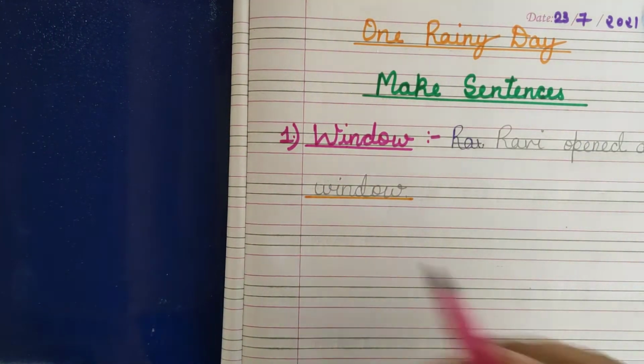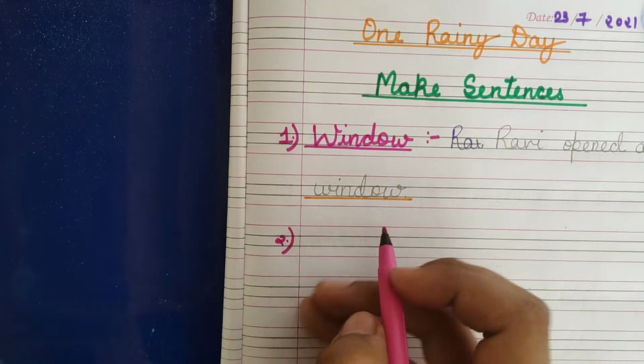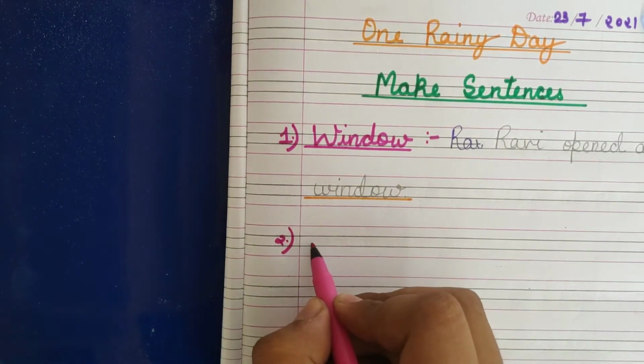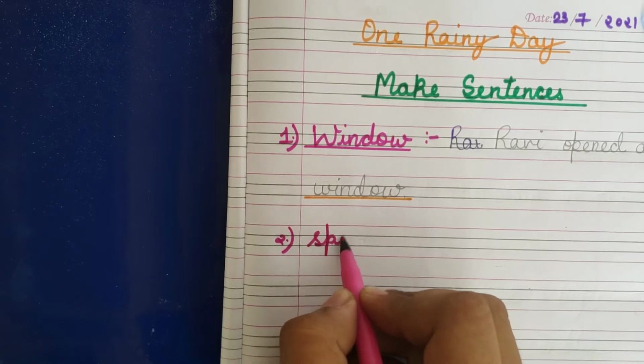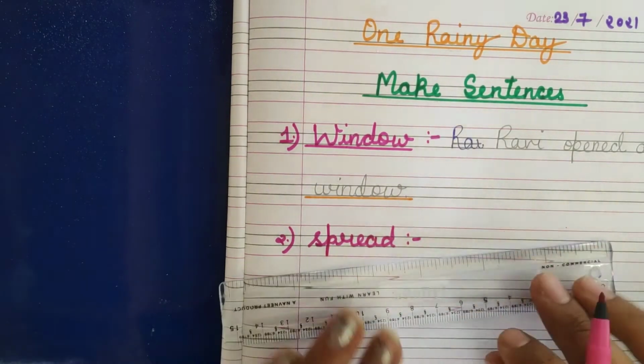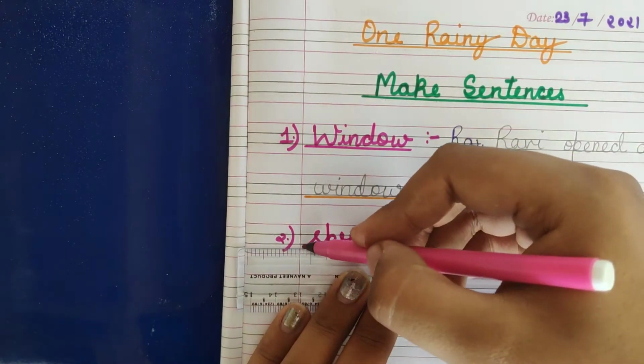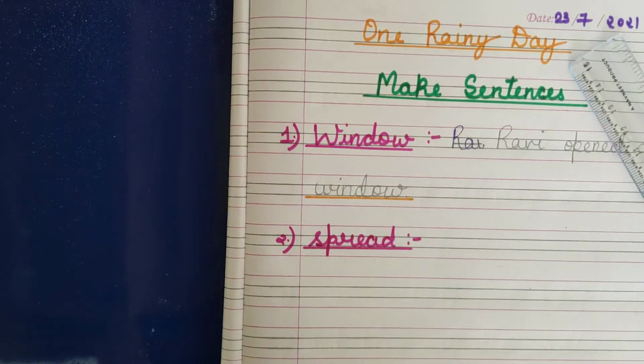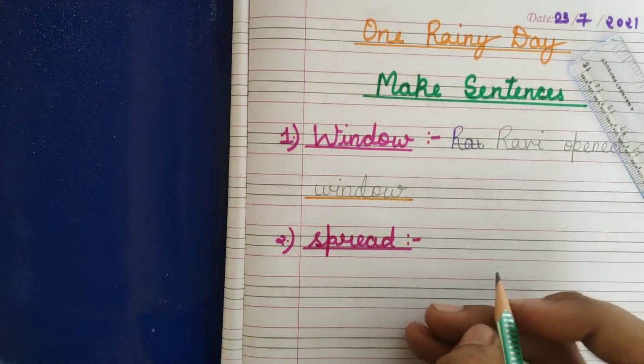Now write down the second word, which is spread. Spread. Underline this word. Now write down the sentence.